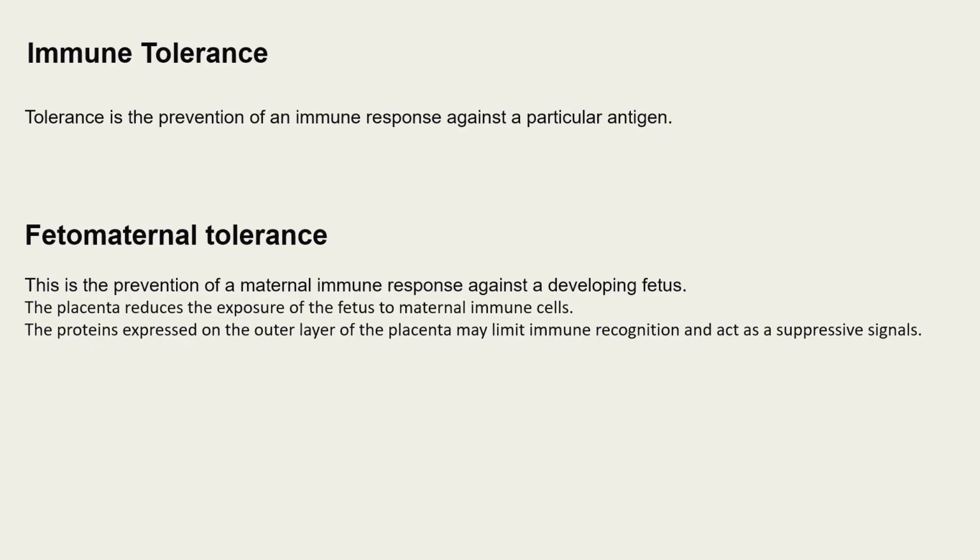But one important tolerance we'd like to emphasize here is called feto-maternal tolerance. Feto-maternal tolerance stands for the fetus being tolerated in the mother's uterus. We know that the fetus develops in the maternal uterus for a gestation period, which is 9 months in human beings.